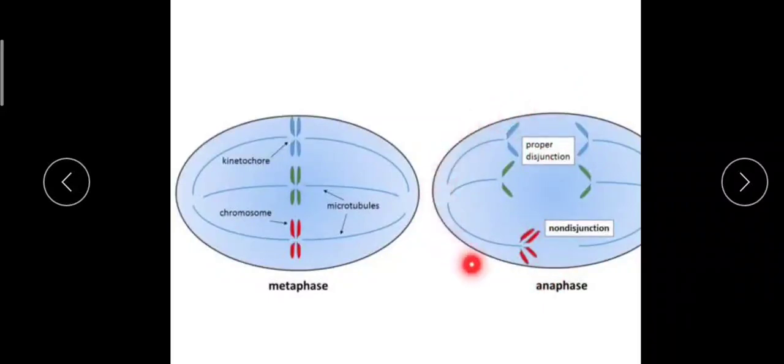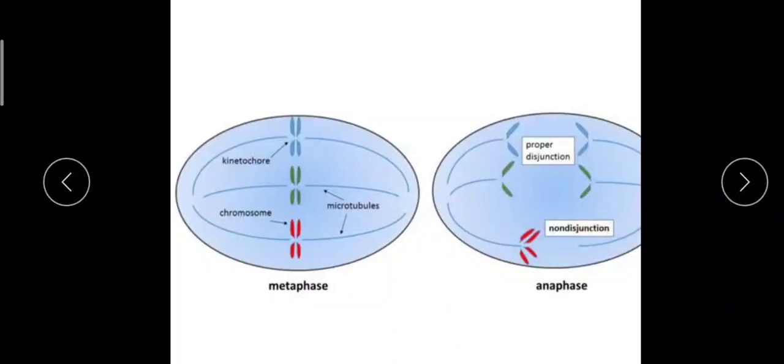One daughter cell will be receiving two sister chromatids from this and one whole chromosome here, while the other daughter cell will be having only two chromosomes and one chromosome will be missing in that case.